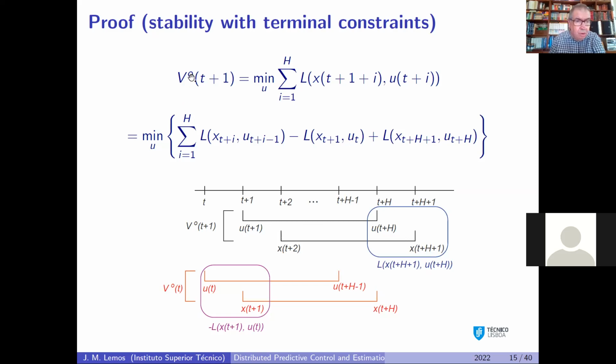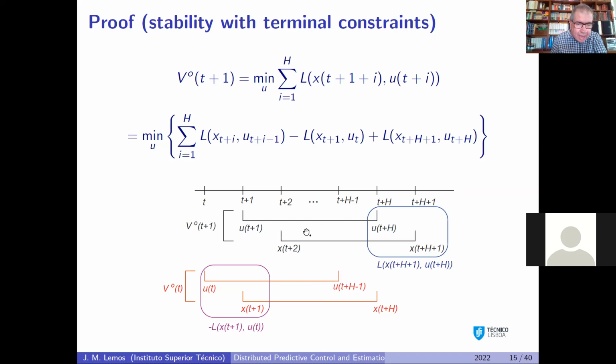That's why I put a V0 there. And then I will represent this min of u. This u is a sequence of future u's. Now, I can write this summation. I can decompose it in several parcels.